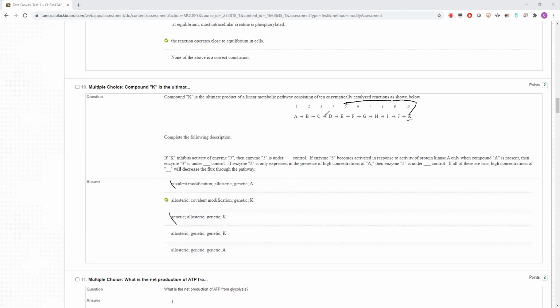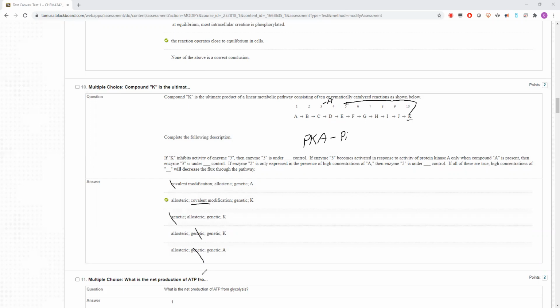If enzyme 3 is activated by PKA, we talked about this in class. What PKA does is it phosphorylates stuff. So that means enzyme 3 is getting a phosphate attached to it. This is covalent modification.